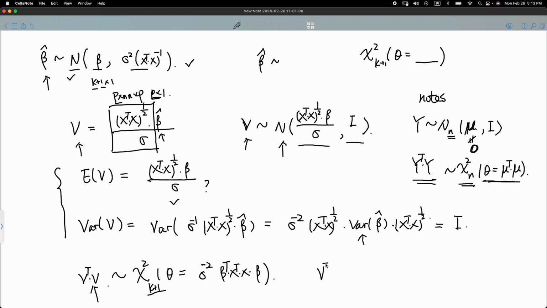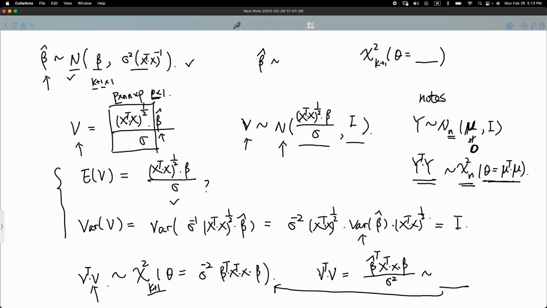And here we need to specify explicitly what V transpose V is, which is beta hat transpose X transpose X beta hat over sigma square.